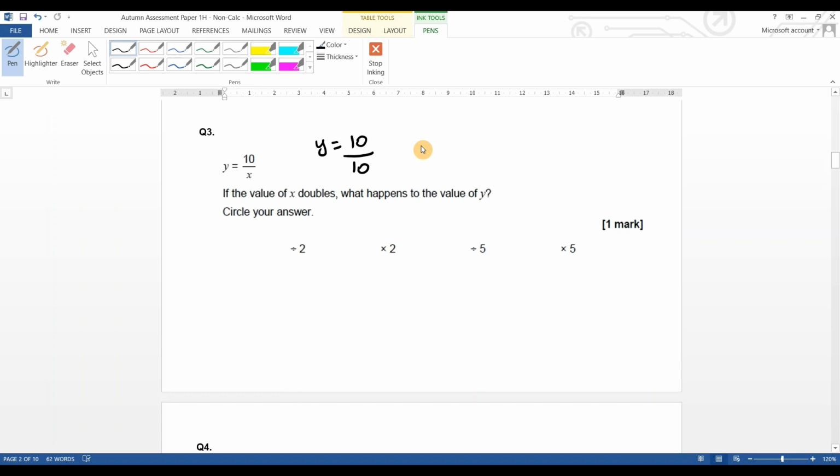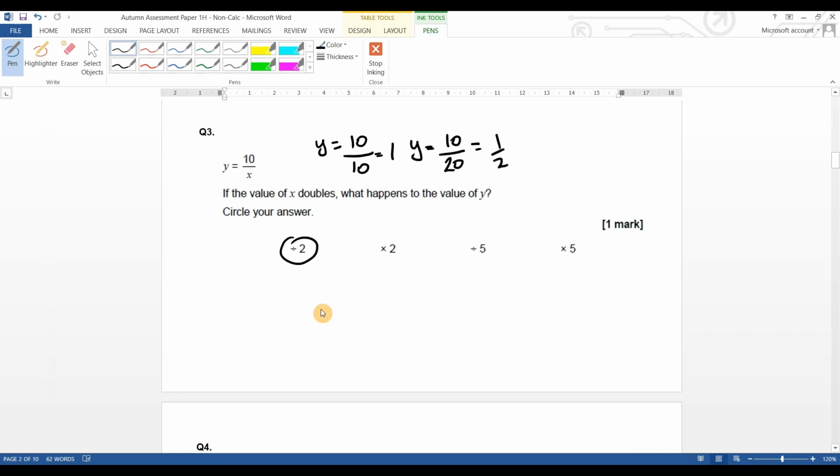And then if you double x, so technically you're doubling the denominator, so that becomes 10 over 20. That simplifies to a half. So y is going to be half as big when you double the denominator. So technically it's going to be divided by 2, which is this one right here.